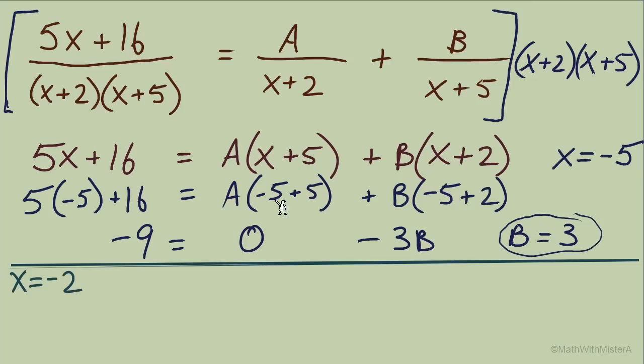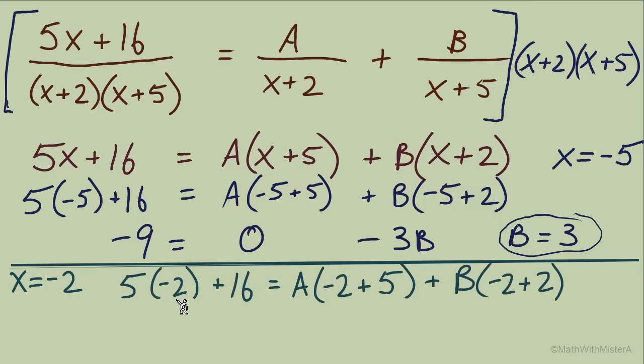For this part, what we're doing is looking in each of these parentheses, these factors, and thinking what value of x could make the expression equal to 0. Our first choice was looking at this set of parentheses and seeing that -5 + 5 would equal 0. Now for our next part, we're looking at the second set of parentheses, x + 2, and we should choose -2, the opposite, that will make it equal to 0.